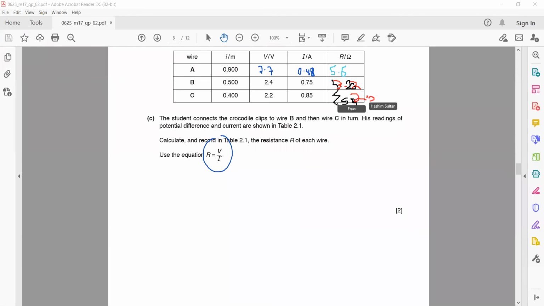When you write your answer, the number of significant figures is important. So when you complete it, like the first one is 5.625. If it is 5.625, you can round it off to 5.63 or 5.62.